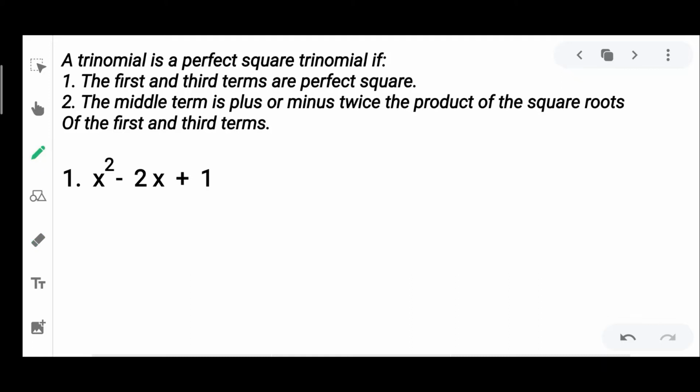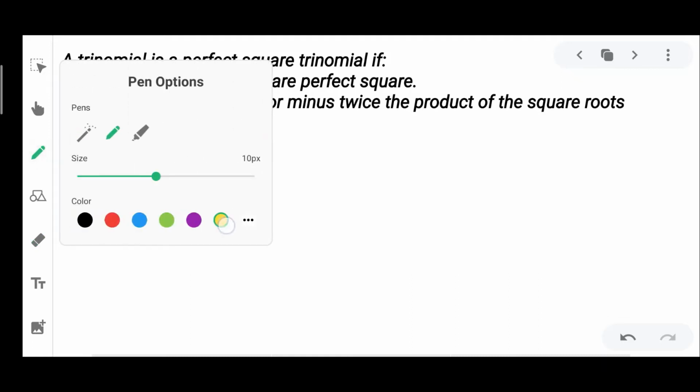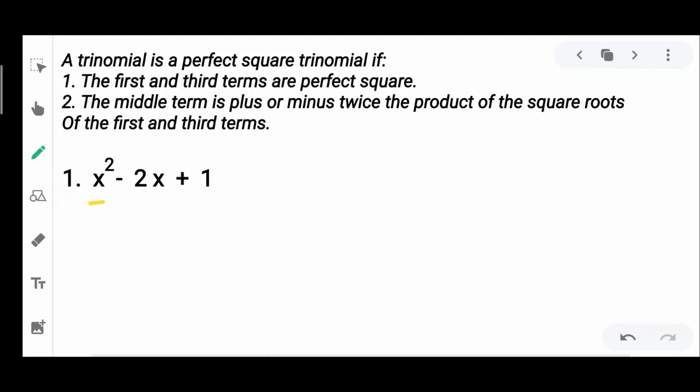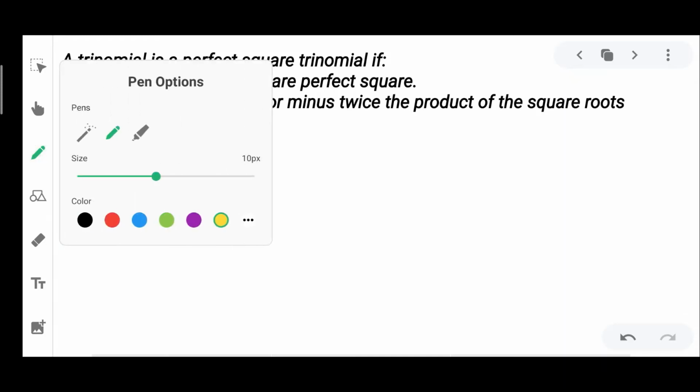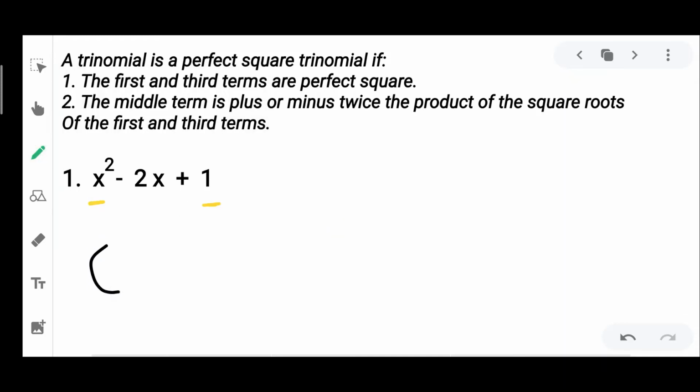So, paano natin pinafactor to? So, tulad ng sinabi ko, all we have to do is to focus on the first and last terms. Okay, so maglalagay tayo ng quantity squared. So, lagi may ganyan. Okay, ngayon, x squared. What is the square root of x squared? That is x. So, paano ko nakuha yung x?